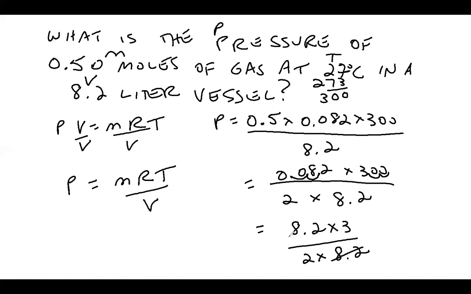The 8.2s cancel out, so I have 3/2. That's 1.5, and the unit would be atmospheres. We used a couple of different tricks there, but this is very typical of problems I've seen on the multiple choice section for the AP Chemistry exam.